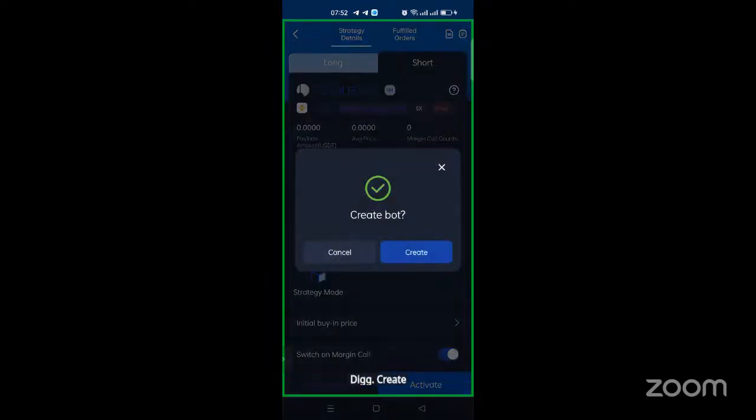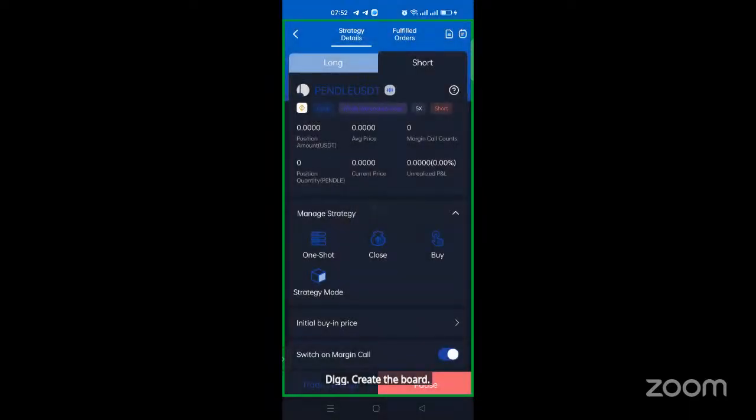Create the board. Tap on the 2 messages on your top right corner. There are 2 messages of log and transaction. Just open and I see.